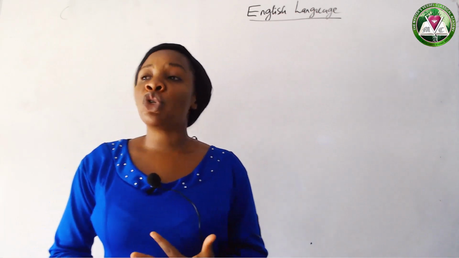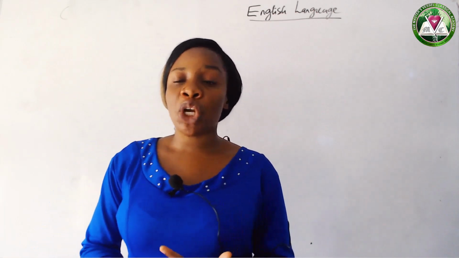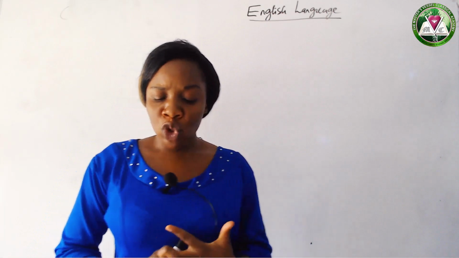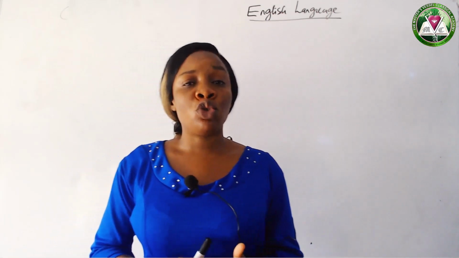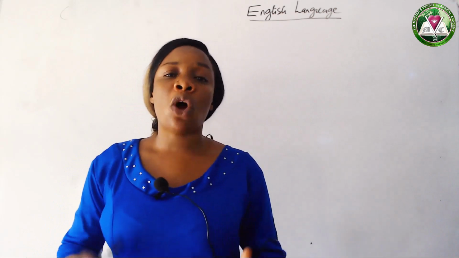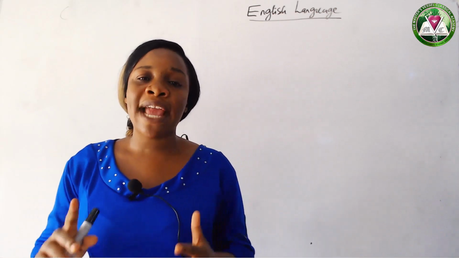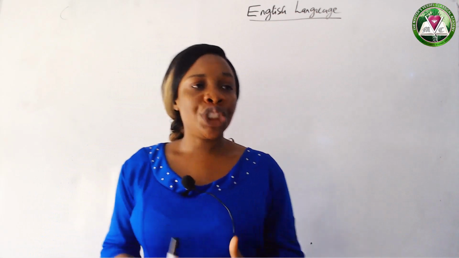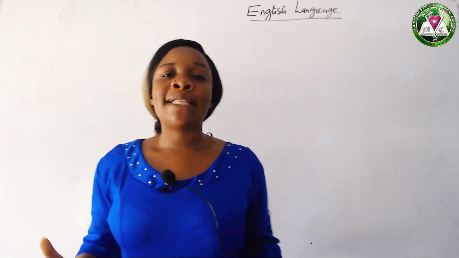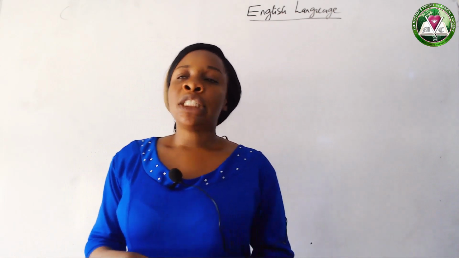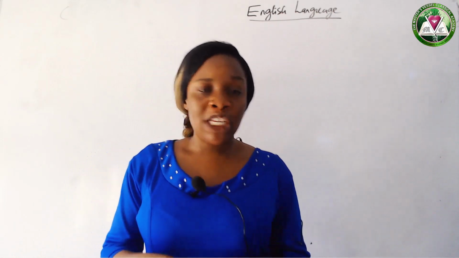Two, you'll be able to know the characteristics of literature. Three, you'll be able to know the types of literature. You will also be able to know the functions of literature. So pay attention as we journey on our study today. Alright, let's begin with the meaning of literature.